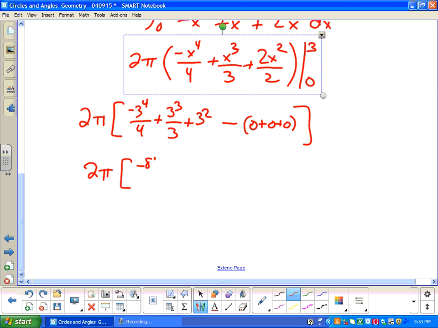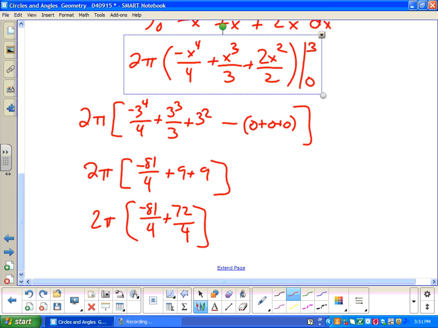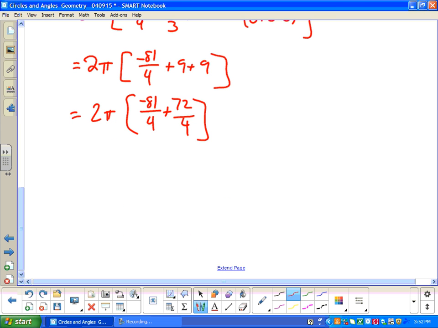I get negative 81 fourths plus 9 plus 9. I get negative 81 fourths plus, I believe, 72 fourths. I get negative 9 fourths inside. I get 2 pi times negative 9 fourths. So I get negative 9 pi over 2 as the area.